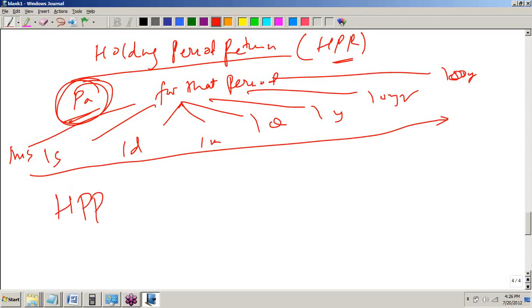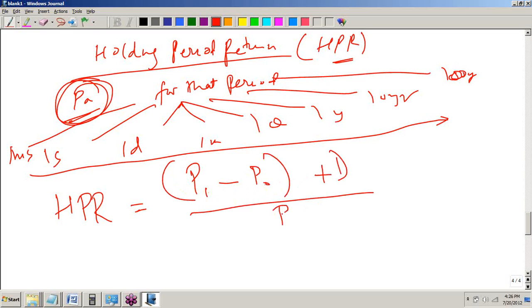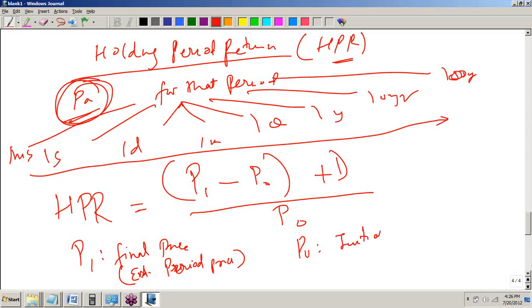The formula for holding period return is pretty simple. It is P1 minus P0 plus D, divided by P0. Here P1 is the final price, the end period price.